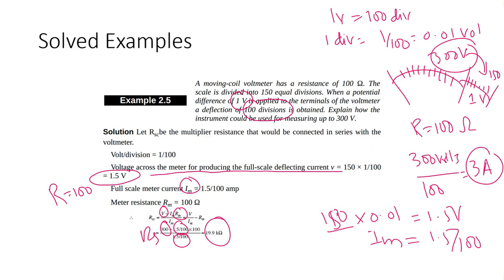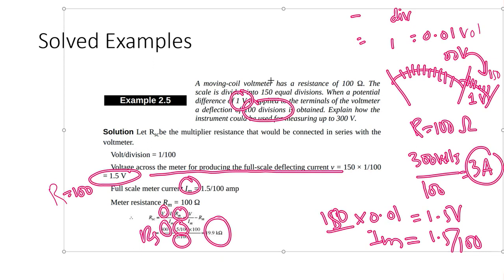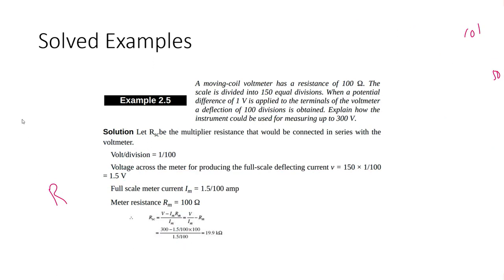Let's summarize it. Let's delete all these things. Okay, so we have full scale like this, and here it is 100 divisions and here it is 150 divisions.